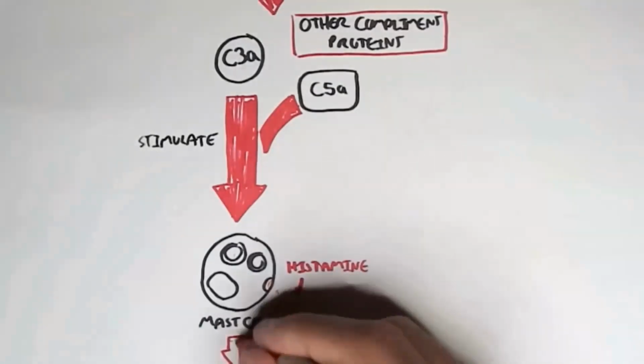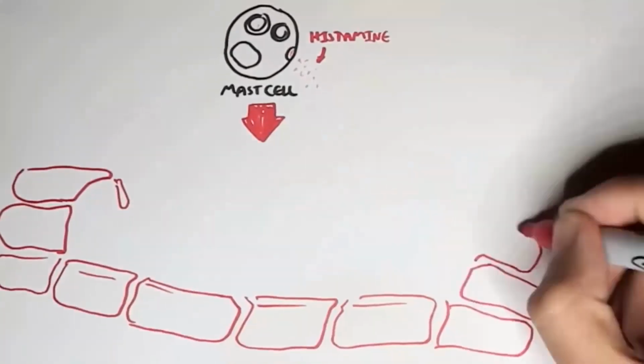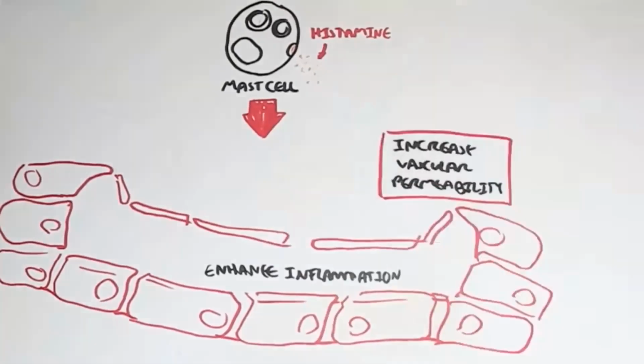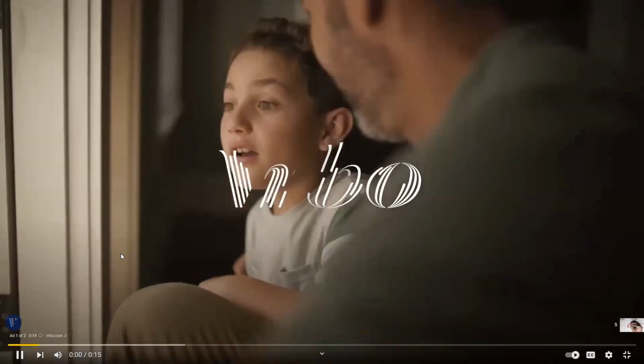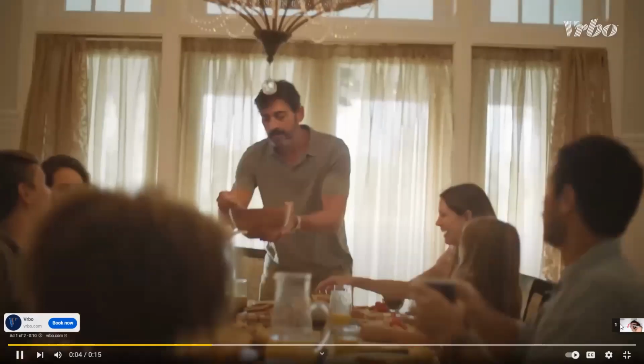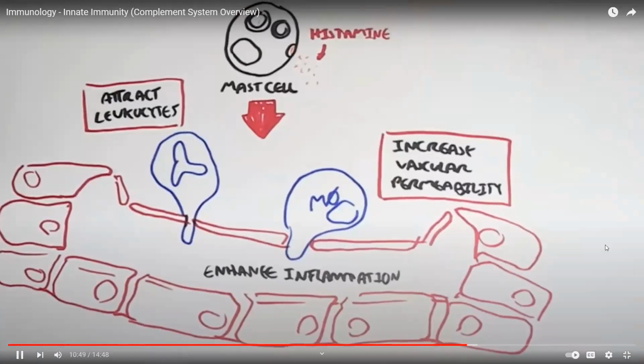What does histamine do? Histamine enhances inflammation. Histamine increases vascular permeability, which allows leukocytes to pass through more easily. And histamine also attracts leukocytes. And in this case, we can see a macrophage and neutrophil passing through.